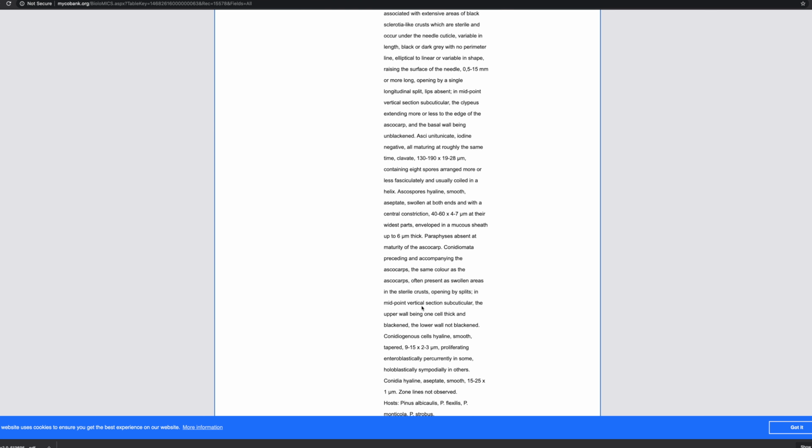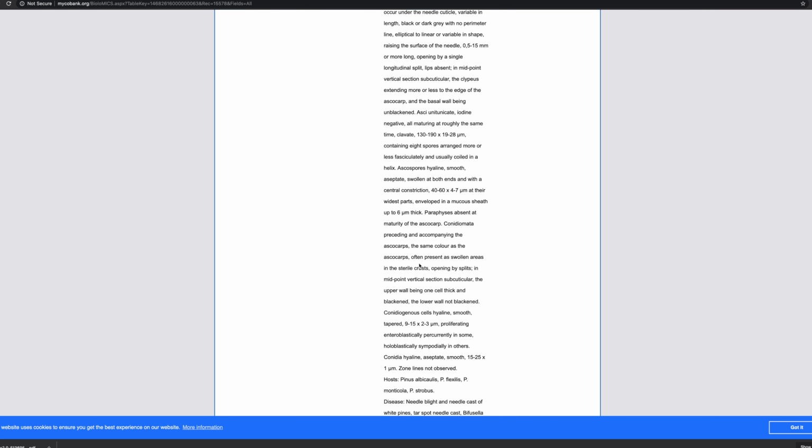So you need to keep in mind that the type of morphology, meaning macro or micro fungi, is not explicit in the article. It's not gonna say explicitly that this is a macro or this is a micro fungi. You need to keep that in mind. So we need to understand if our fungi is a macro or a micro based on the literature.